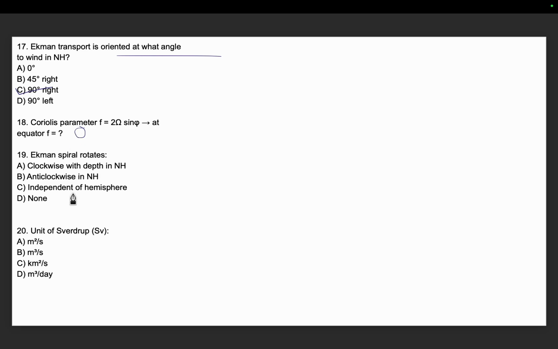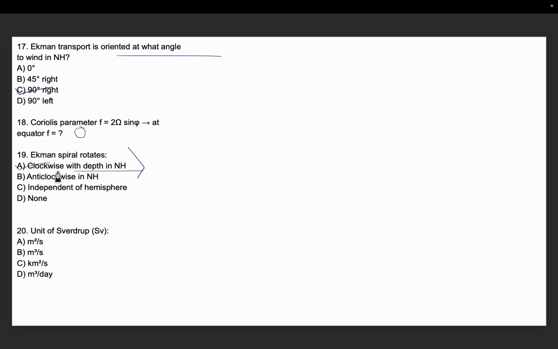Question 19: Ekman spiral rotates in which direction? Clockwise with depth in the northern hemisphere, anticlockwise in the northern hemisphere, independent of hemisphere, or none. With the depth of the mixed layer, the Ekman spiral rotates clockwise with depth in the northern hemisphere.